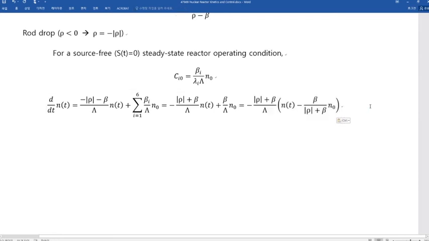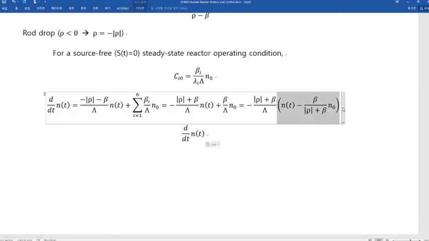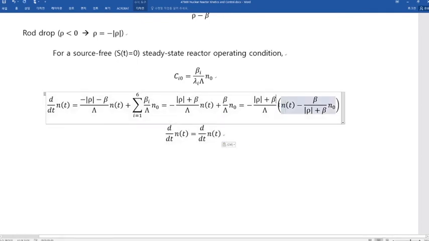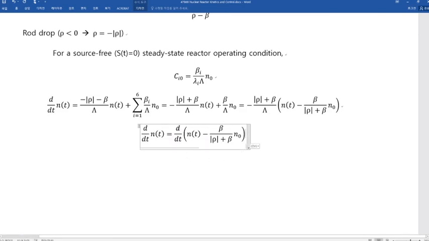Because this part is simply a constant, we may rewrite this: dn(t)/dt is in fact the same with this, because differentiating a constant with respect to t would simply give 0. So this will be the same with this.